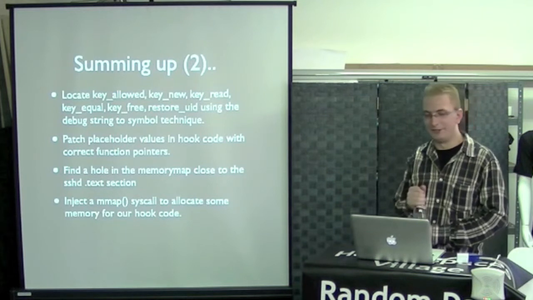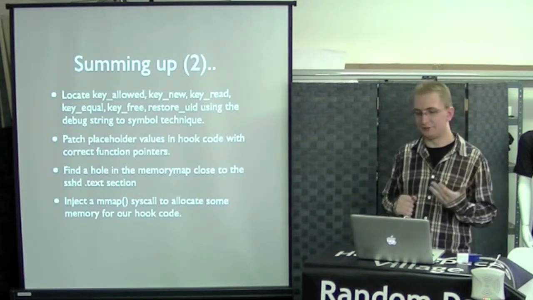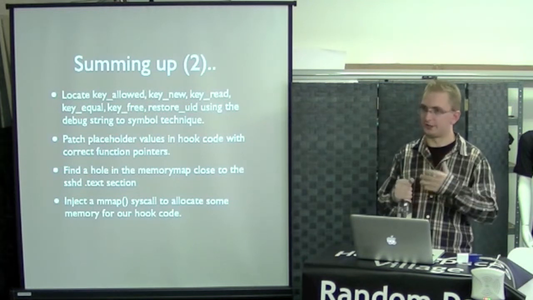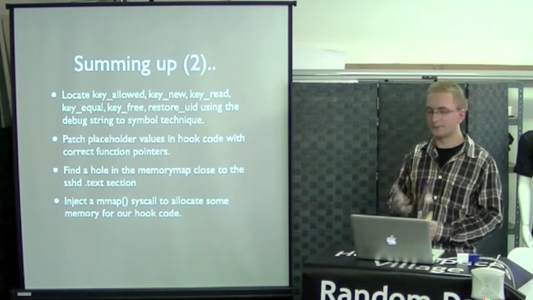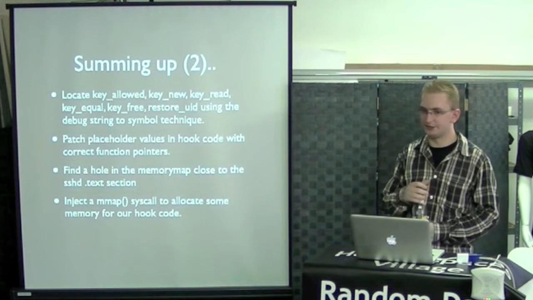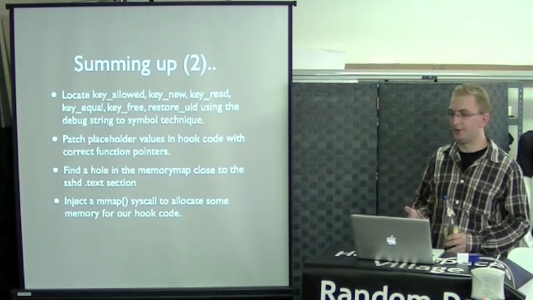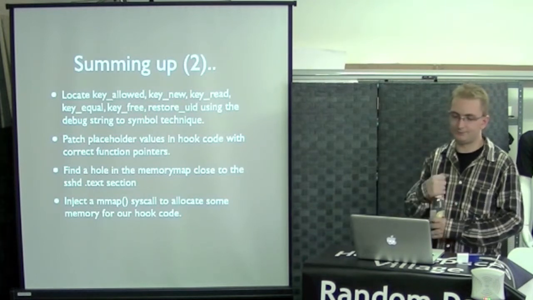Then we locate the key_allowed, key_new, key_read, key_equal, key_free, and restore_uid, because all these functions are used inside my hook to do a clean initialization and clean up before returning to the original code, using the debug string to symbol technique. We patch all the placeholders in the hook code using the correct function pointers we just determined in the step above.